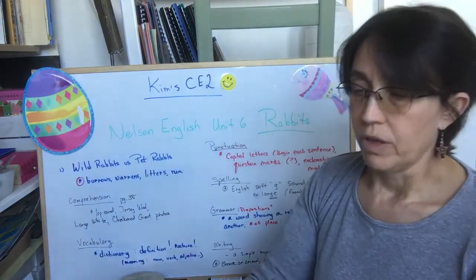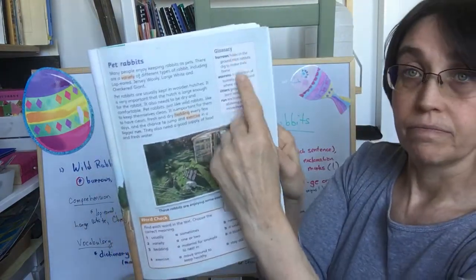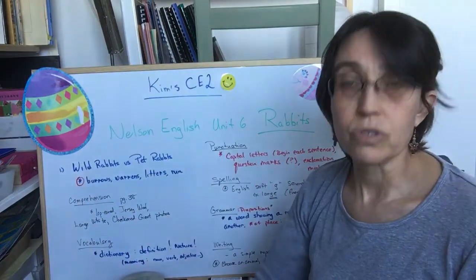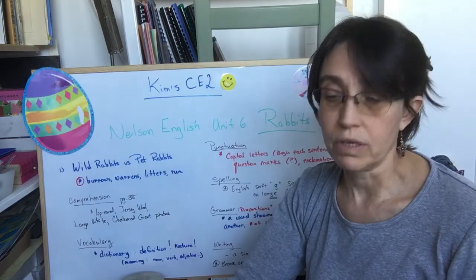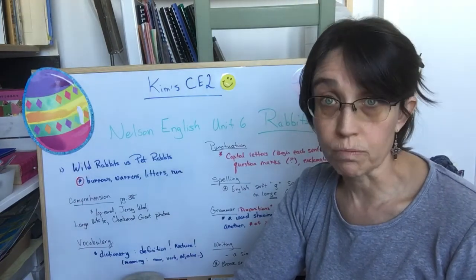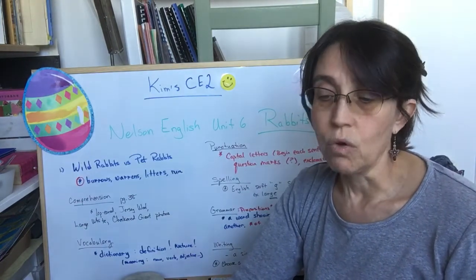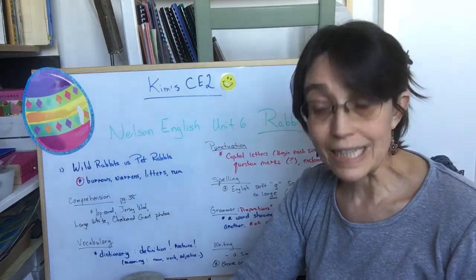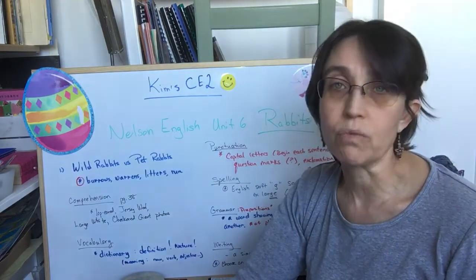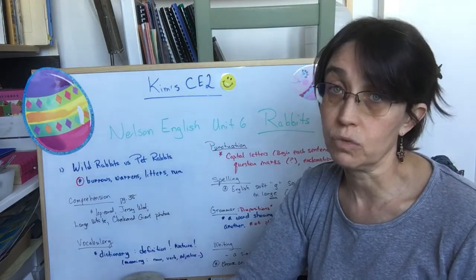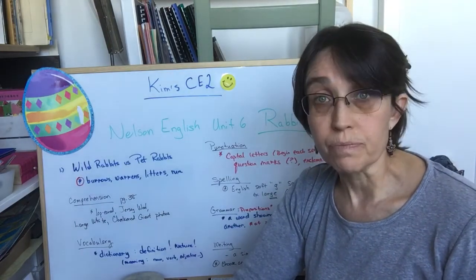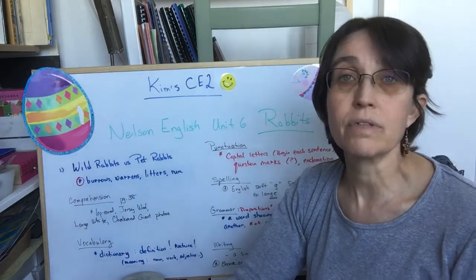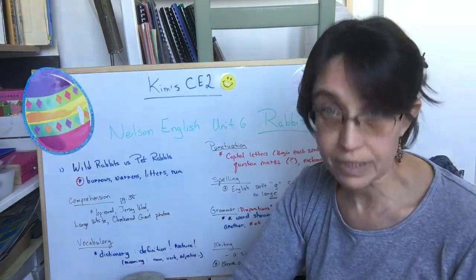Okay, in the glossary, burrows are holes in the ground that rabbits dig to make their home. That's a burrow. Warrens are a collection of tunnels underground where the rabbits live. That's a warren. Litters are groups of newborn animals. So cats can have a litter, dogs can have a litter, rabbits have a litter.